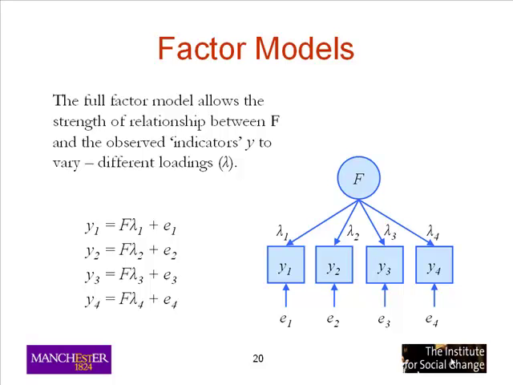Just for completeness, in factor models, just like in regression models, you'd have some parameter. In regression, it would just be a B parameter that allows you to reflect the strength of the relationship between these two variables. So if that was an X and that was a Y in regression, that would just be a B. In this factor model, that's this factor, that's this observed indicator, and so we use the Greek letter lambda.